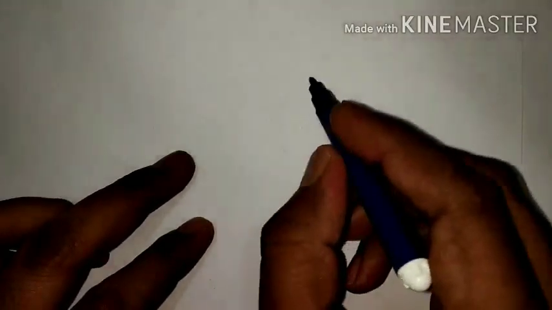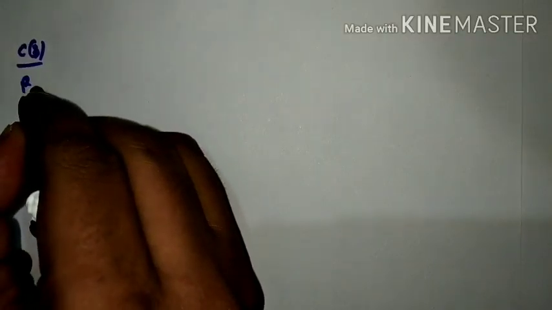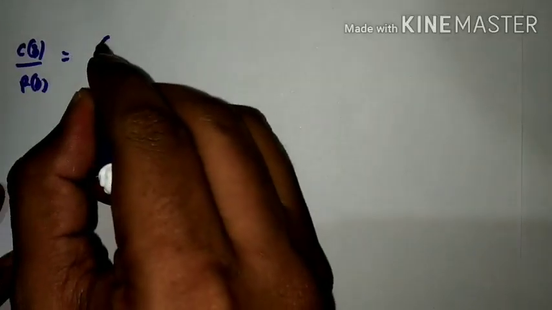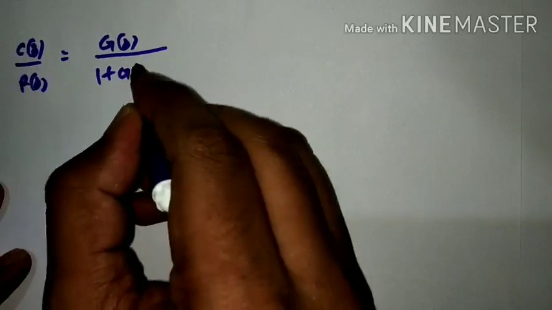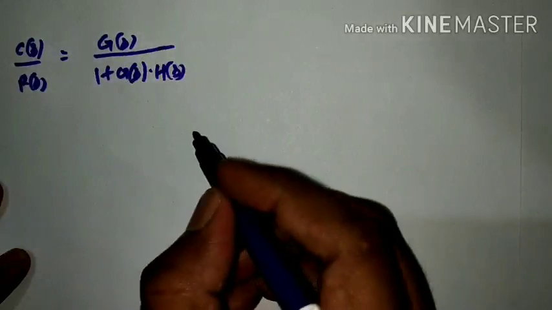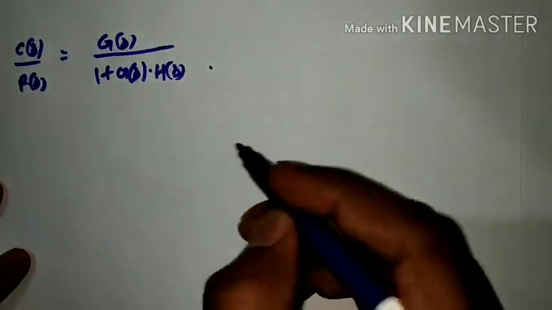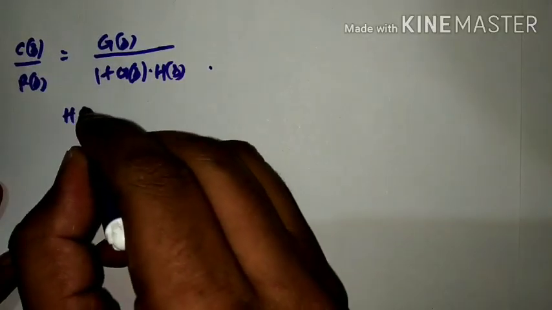We know the transfer function they have given. The closed loop transfer function C of s by R of s is equal to G of s by 1 plus G of s into H of s. We know that the feedback is a unity feedback, which means H of s is equal to 1.